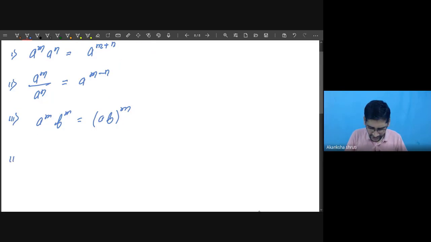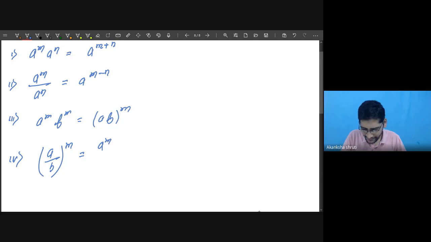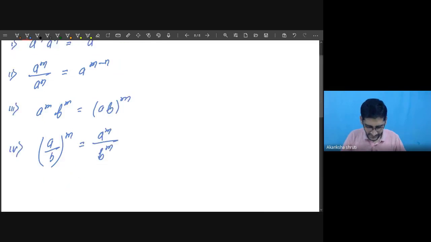The fourth one: if we have a by b whole to the power m, it means this m power is for both the numerator as well as the denominator. So it is written as a to the power m divided by b to the power m.